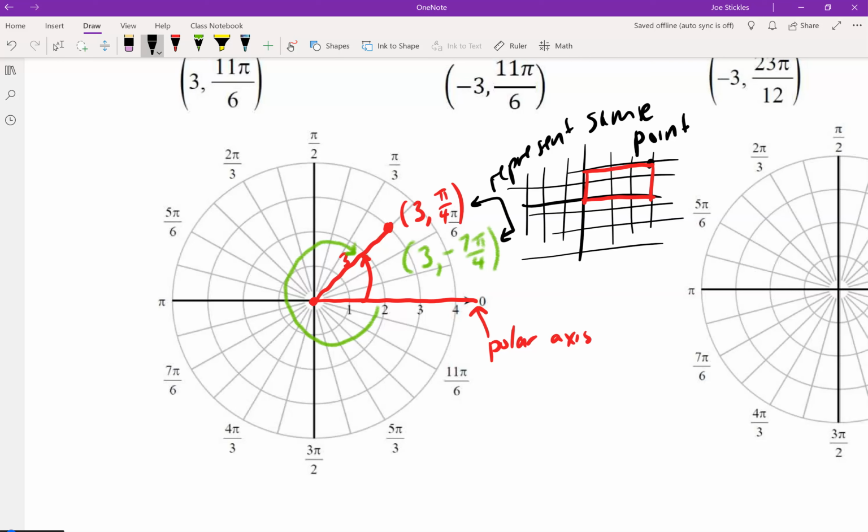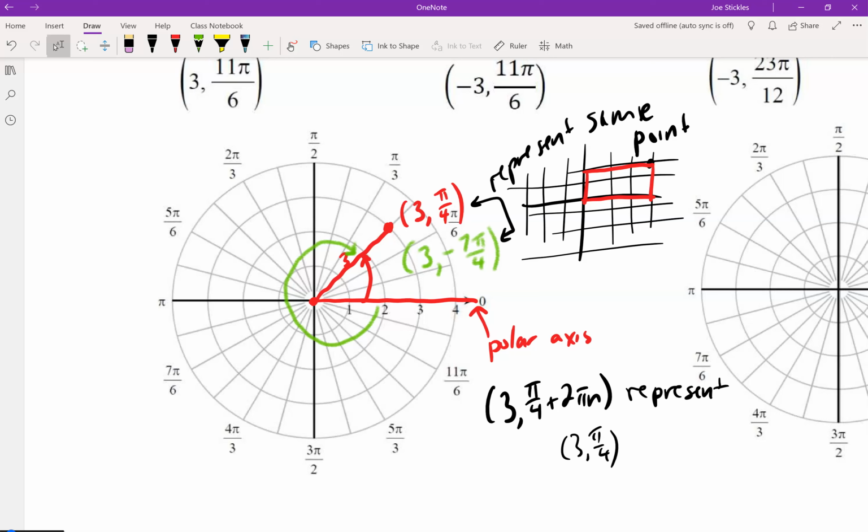So if I write down 3, comma, pi over 4 plus 2 pi n, all of these represent the same point, the pi over 4 point. I can add or subtract as many multiples of 2 pi as I would like, because that just means I've gone around the circle one more time. So we get multiple representations of the same point in polar coordinates.